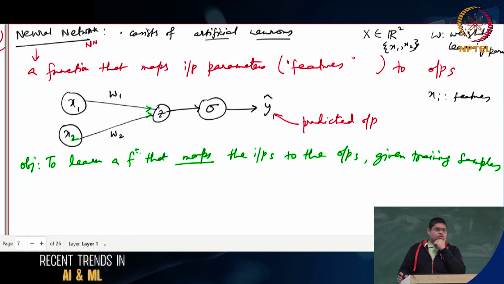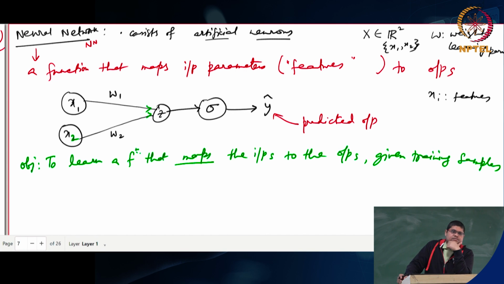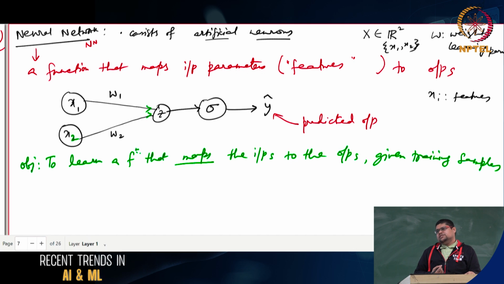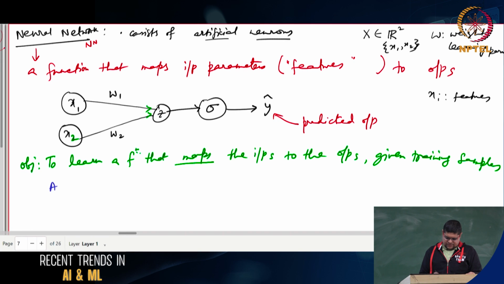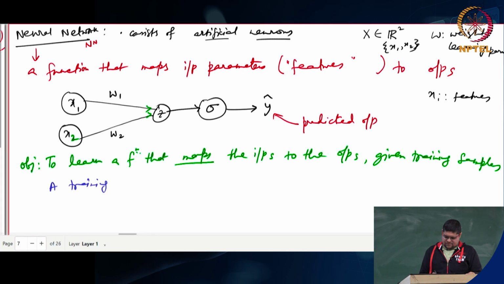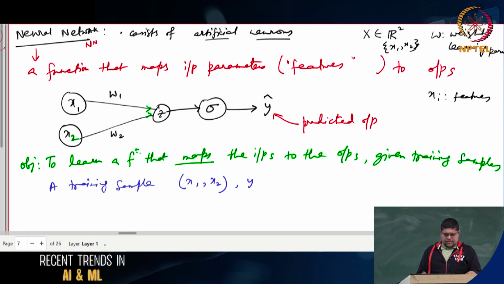Last day we talked about this, like training and testing, training sample, testing sample, what are the validation sets, those. Okay. So how will the training samples look like here? Consider we are looking in terms of supervised learning. So obviously in supervised learning, in training sample, we will have this x1, x2 and some y.